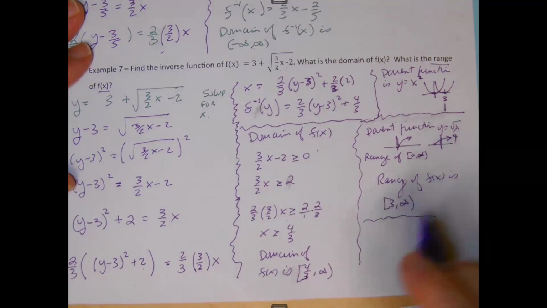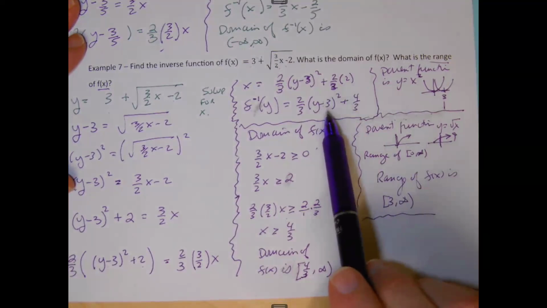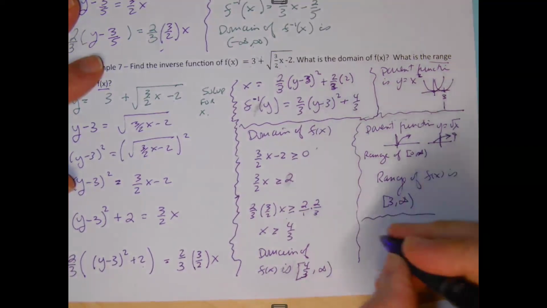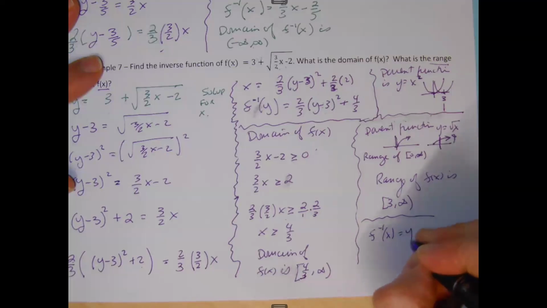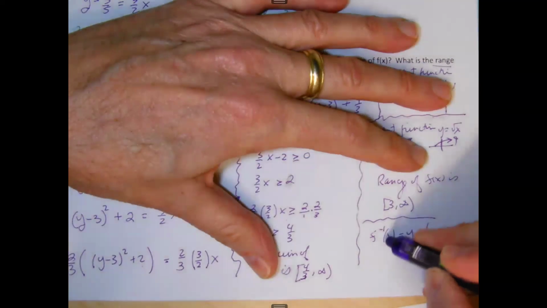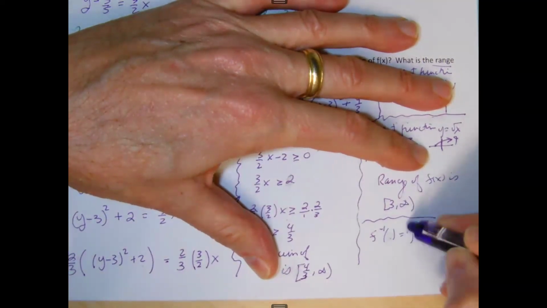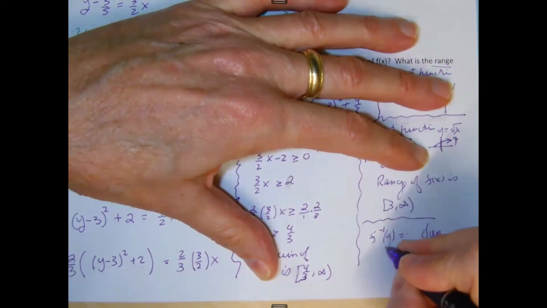Now, we didn't ask this question, but I think it's an important one. What is the domain of f inverse of x? Again, notice we're so used to putting x in there, but I haven't changed it for this question. So I'm going to use y.